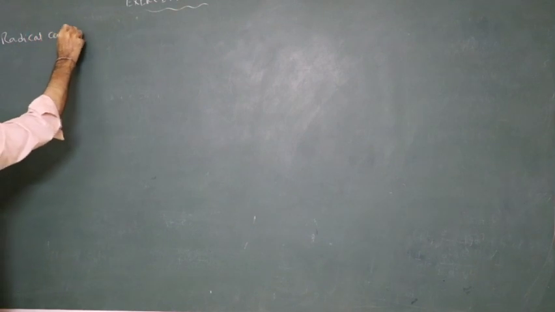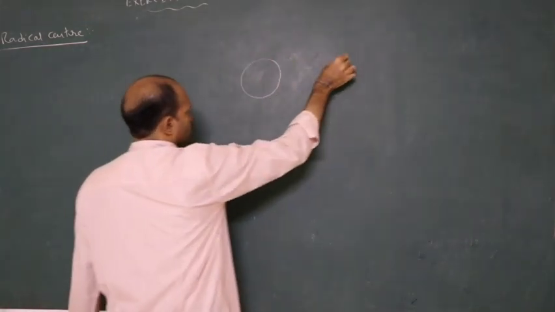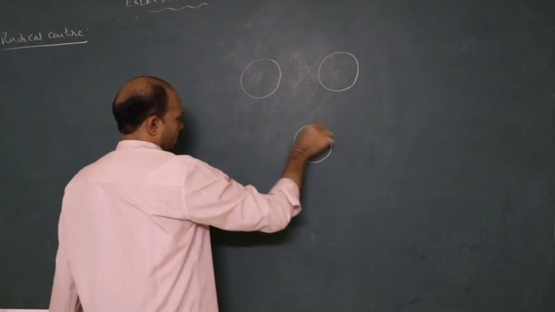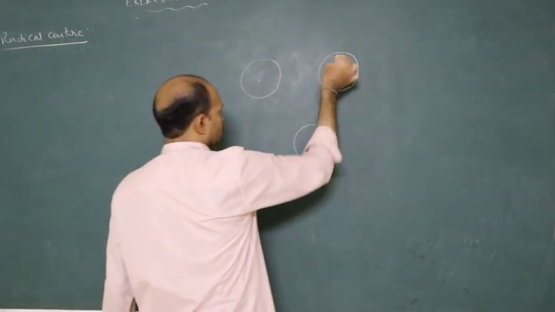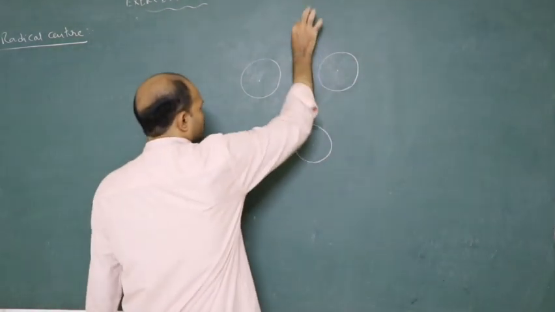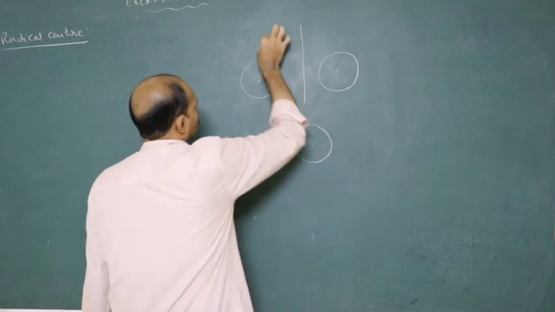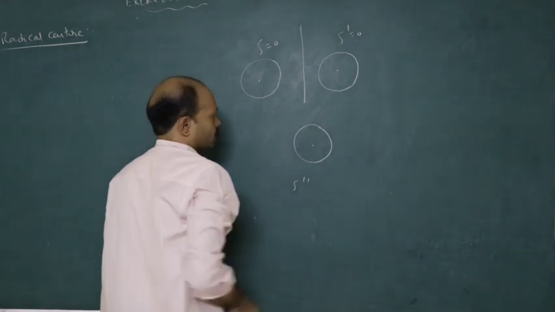Radical center. Radical center is defined as: say, circle 1, circle 2, circle 3. Note that here the centers of these three circles are definitely non-collinear. This is the radical axis for these two. This is say S, this is say S dash, say S double dash.